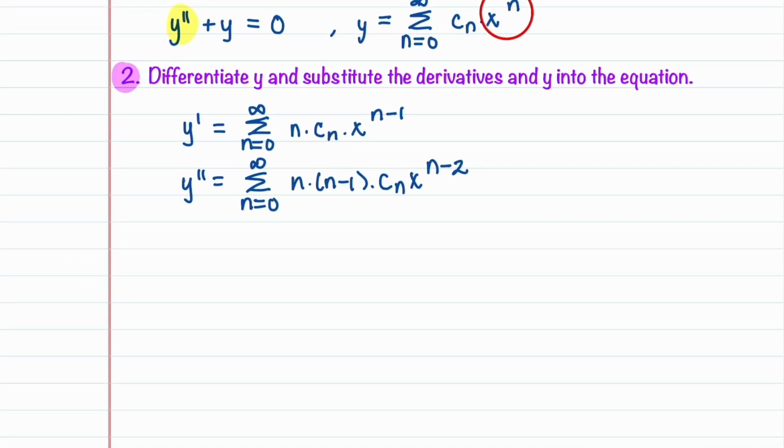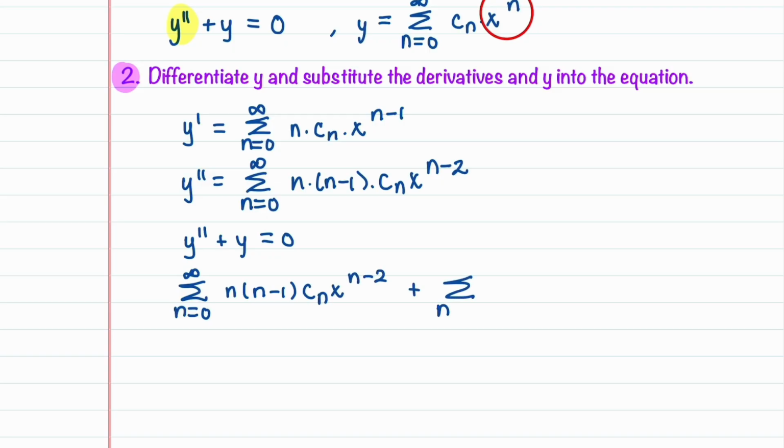Now what we're going to do is substitute y double prime and y into this equation. Our equation is y double prime plus y is equal to 0. So we have the sum, n goes from 0 to infinity, n times n minus 1, c sub n x to the n minus 2, plus y, which is the sum, n goes from 0 to infinity, c sub n times x to the n, and that's equal to 0.